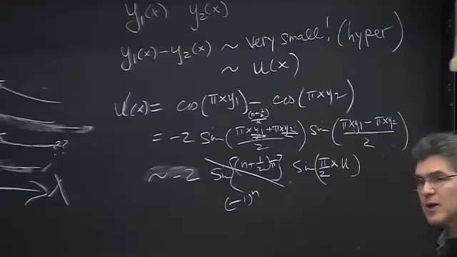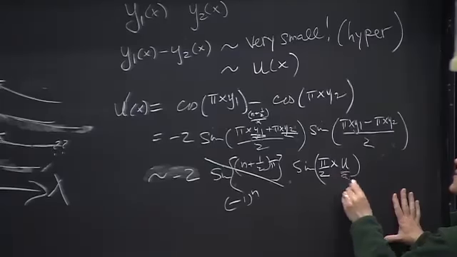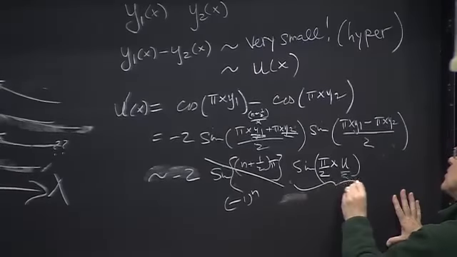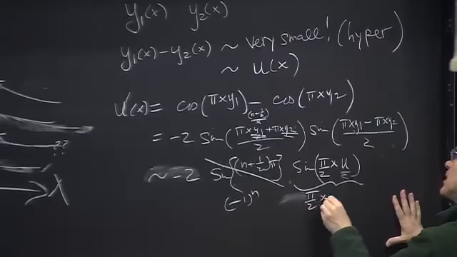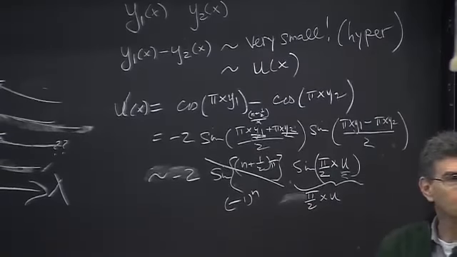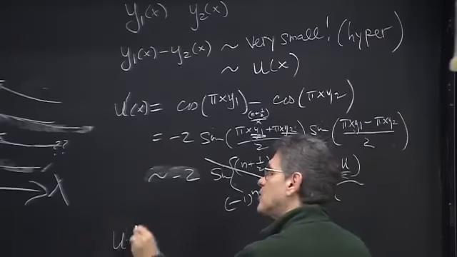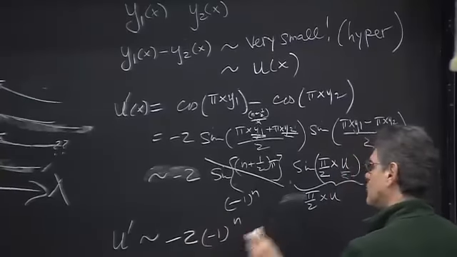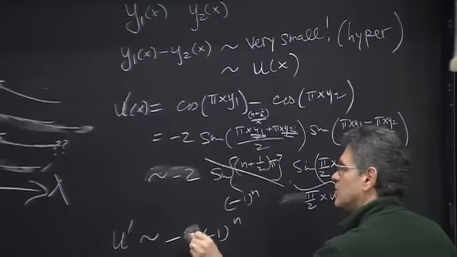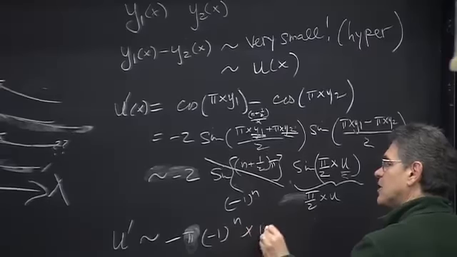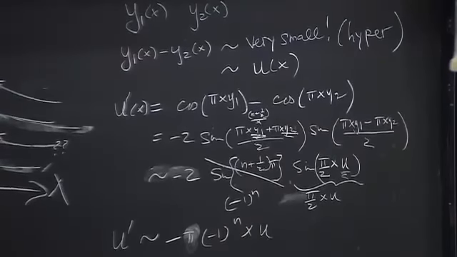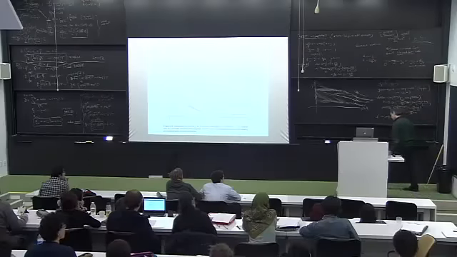Well, that's really interesting, because if this guy is really small, this guy here would be pi over 2 times x times u. And therefore, we conclude that u prime is asymptotic to minus 2 times minus 1 to the n, or 2 cancels, and we just have pi times x times u. I could solve that equation. That's really easy. That's just a first order differential equation.